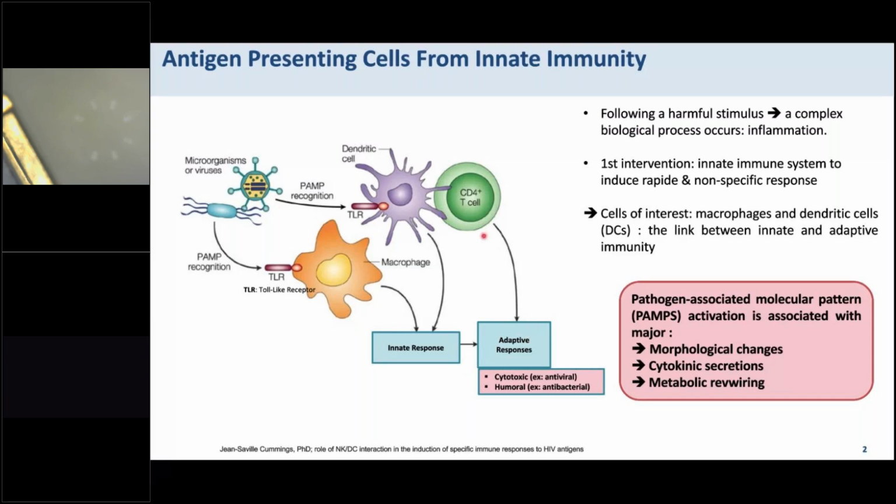The activation of the cell is due to the recognition of pathogen-associated molecular patterns, an identity card of the microorganism, by receptors at the surface of the cells such as Toll-like receptors. This recognition will induce a lot of changes, first morphological, then an increase in the secretion of cytokines, but also a metabolic change.